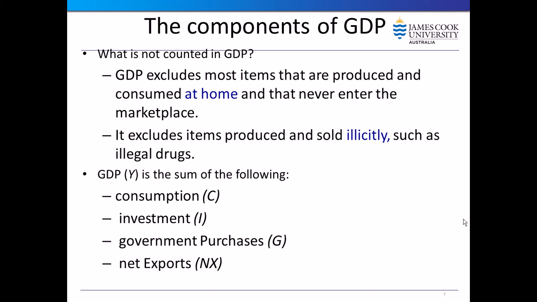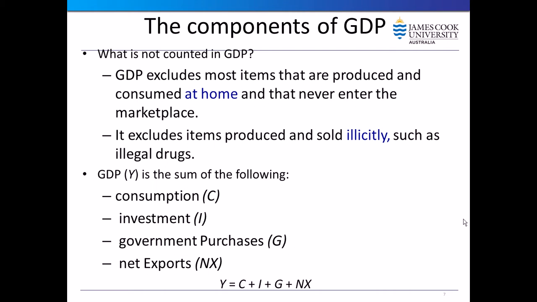Then there are net exports, which is exports take away imports. Imports are goods produced in a foreign country but consumed domestically. So we've got to take away this. Exports are goods and services produced domestically but consumed in foreign countries. So we've got to account for this. So Y is equal to C plus I plus G plus net exports.